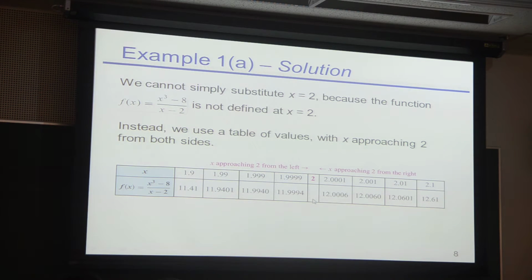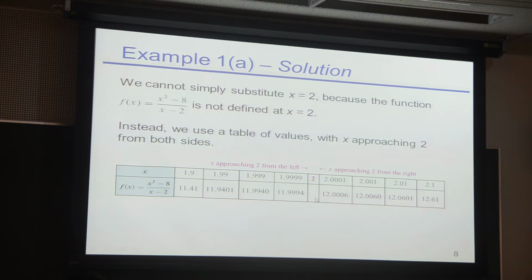I have to give somebody some credit for looking into this that carefully, the first person who did this. So it turns out that even though the function is not defined at 2, somehow the function is approaching 12.